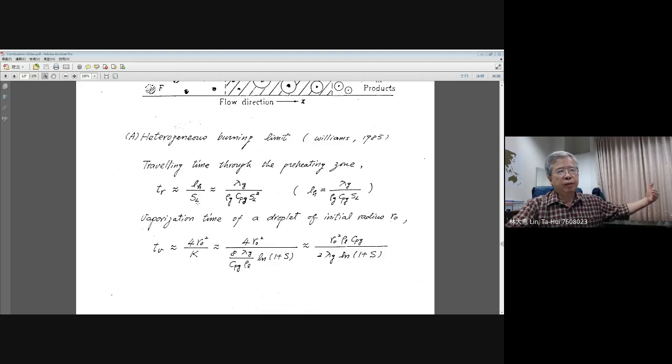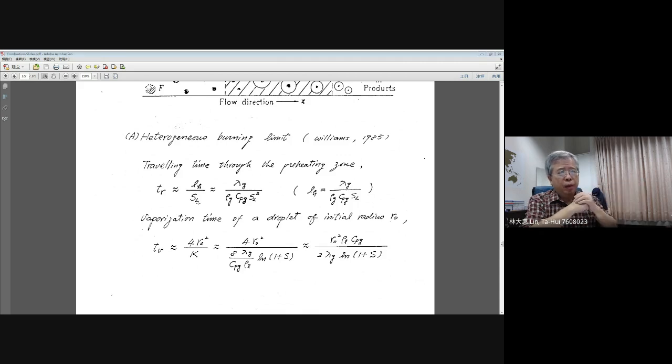Because the flow coming from the upstream side is moving with a constant velocity. As you remember from the previous learning on premix flames, if you go away from the preheating zone, the flow speed is almost the same as in the upstream side.